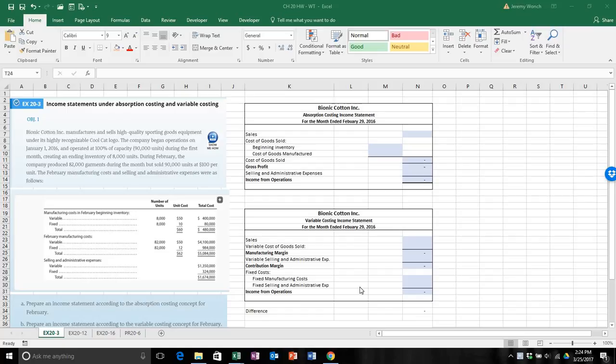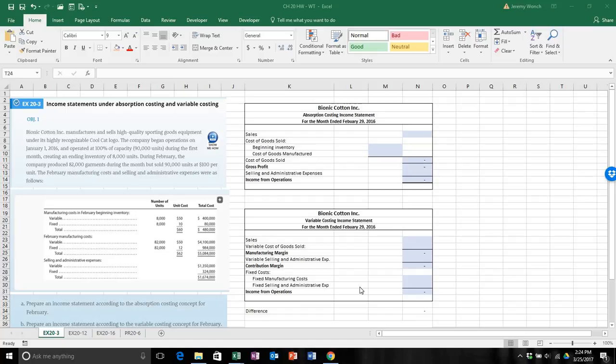Now, if we're producing financial statements for outside parties, we still have to do absorption costing. But for internal purposes, we have the option of doing variable costing. Essentially, in absorption costing, when we're calculating cost of goods sold, we add in our direct materials, our direct labor, and then our factory overhead, and that factory overhead is both fixed and variable.